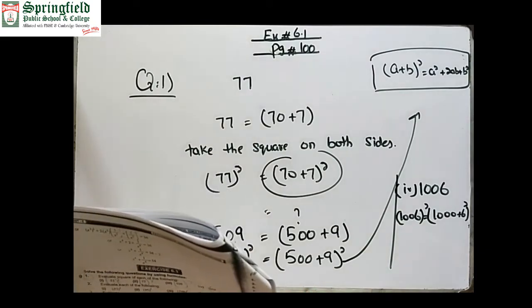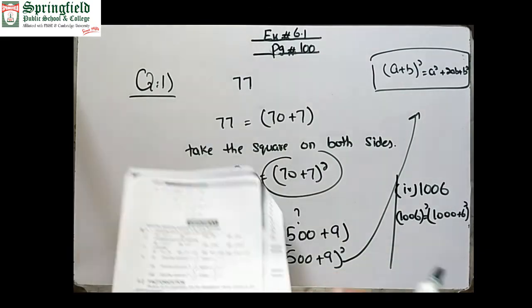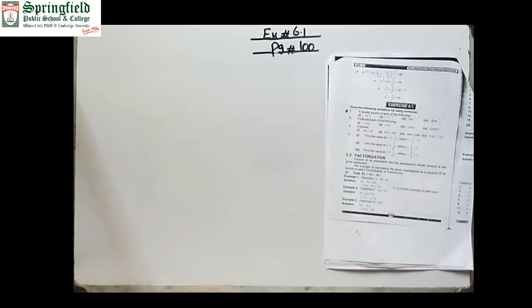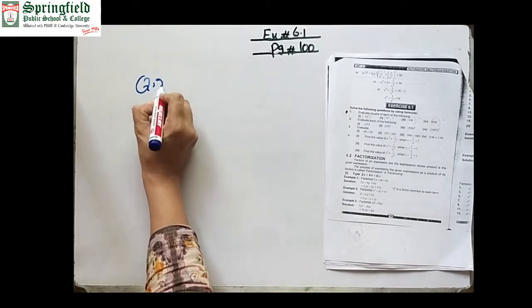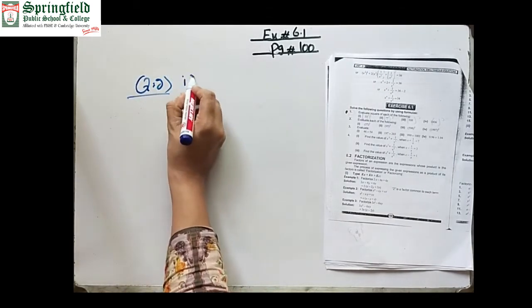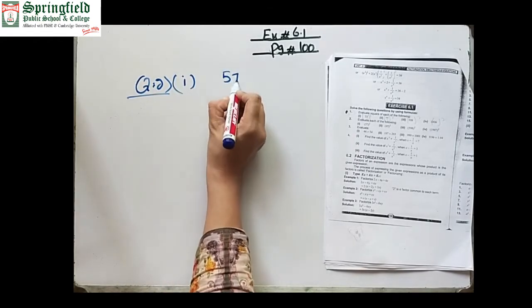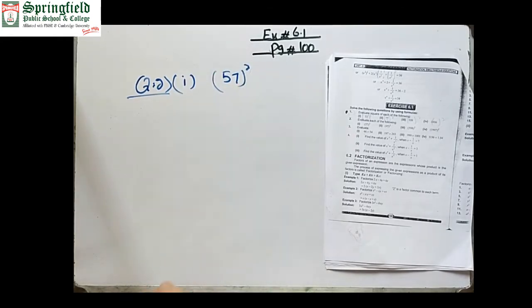Okay. Now come to question number 2. Question number 2 is: evaluate each of the following. The first part is 57 whole square. Now how can we open this number according to a formula?